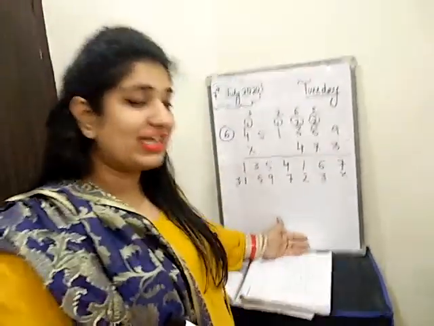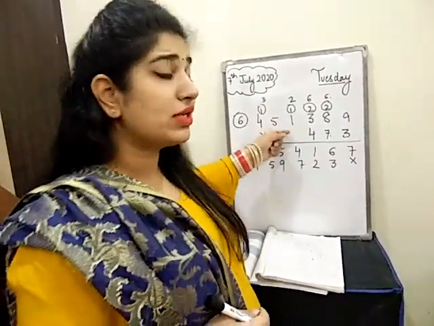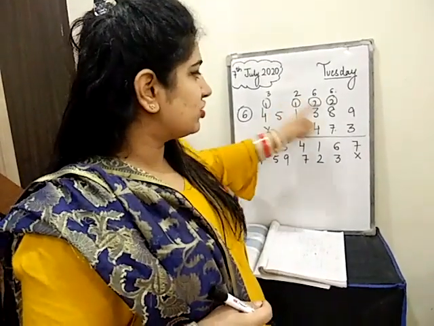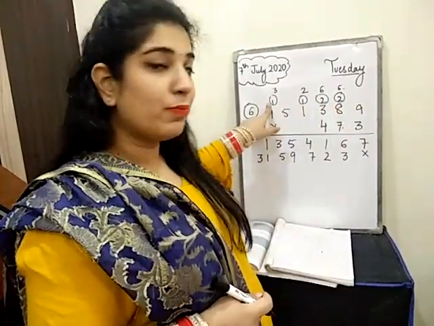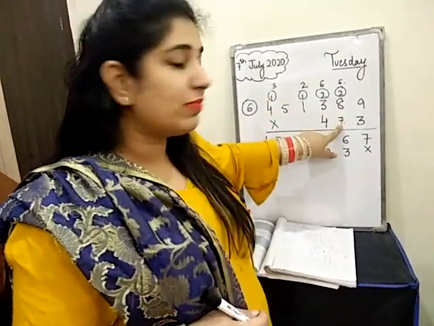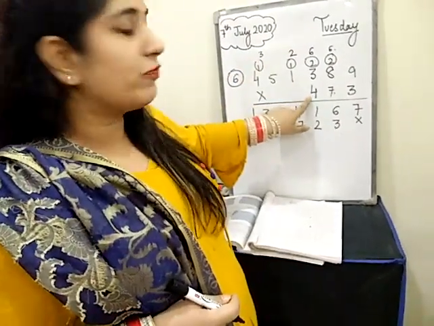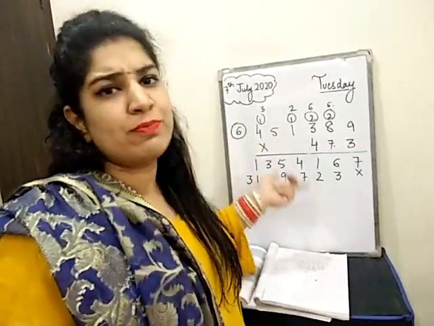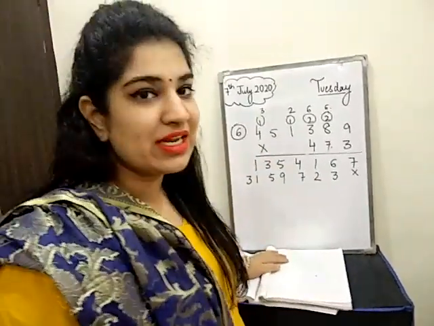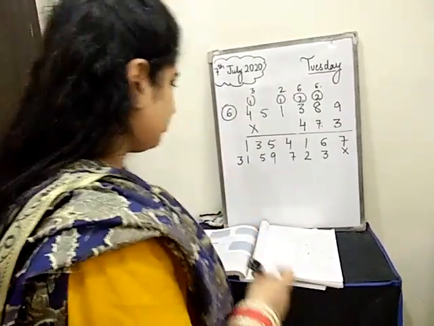After finding the product, when you are multiplying with the first number, you are putting a circle. When you are multiplying with the second number, you are not putting a circle. And when you are multiplying with the third number, again put a circle. So you can easily differentiate which one is carry of which number.